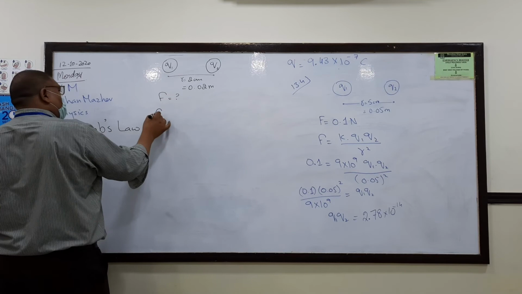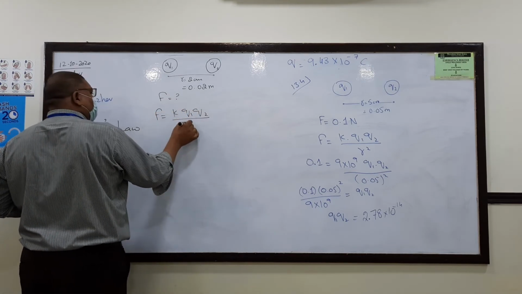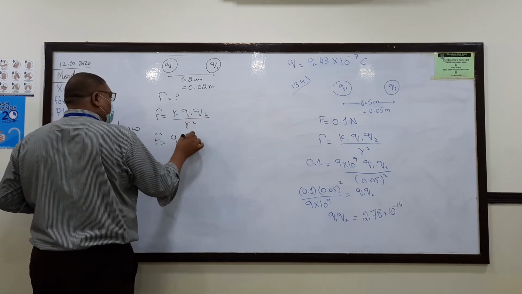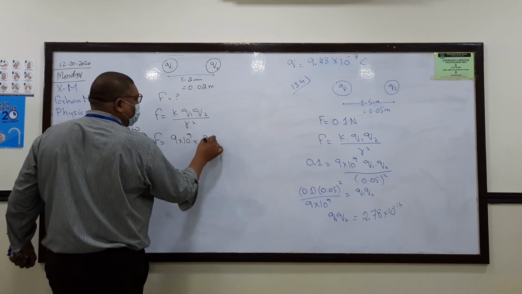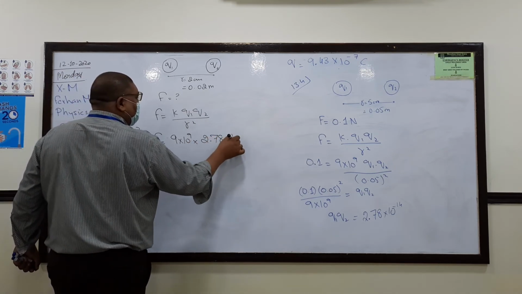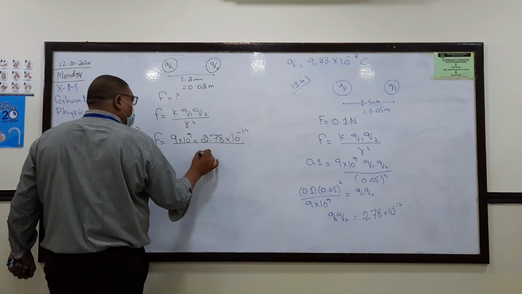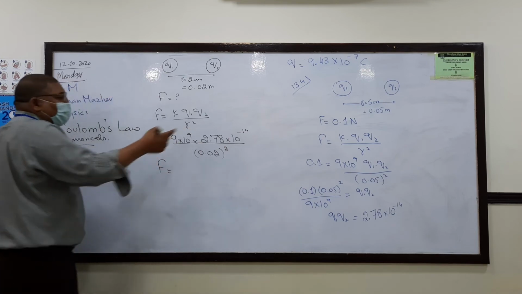You know force is equal to K Q1 Q2 divided by R square. K value is 9 into 10 raised to power 9. Q1 multiply Q2 is 2.78 into 10 raised to power minus 14, divided by R, which is 0.02 and its square.